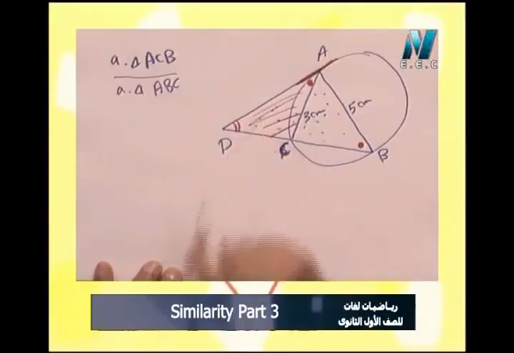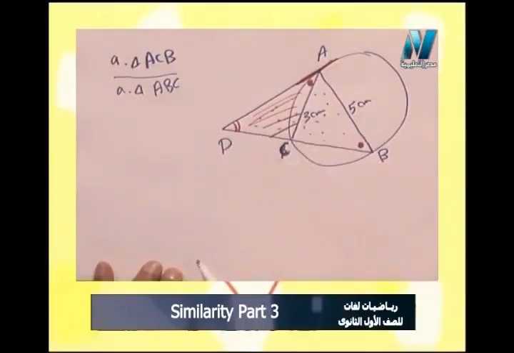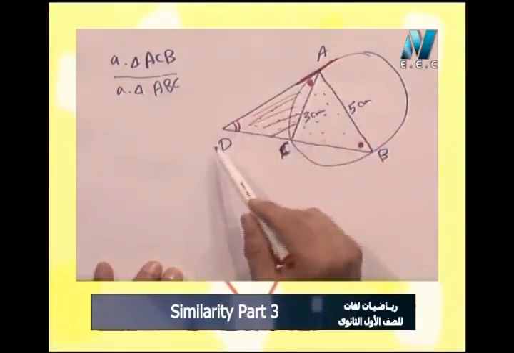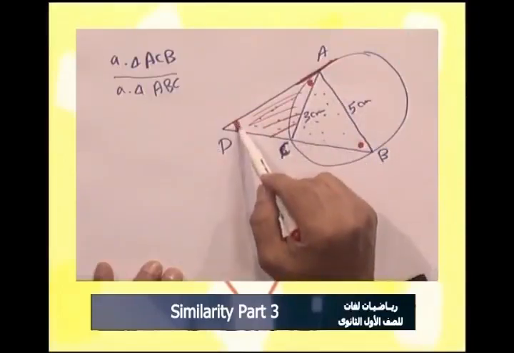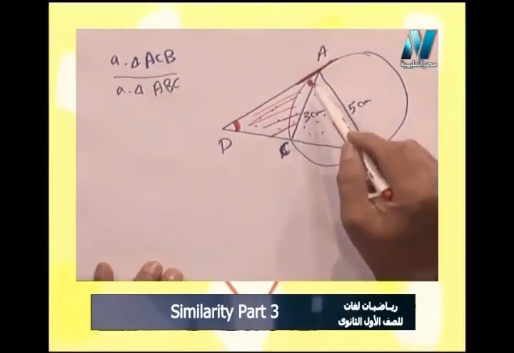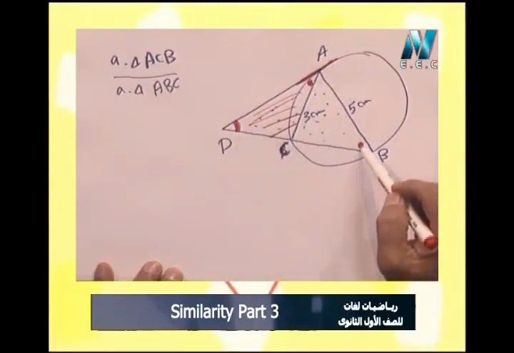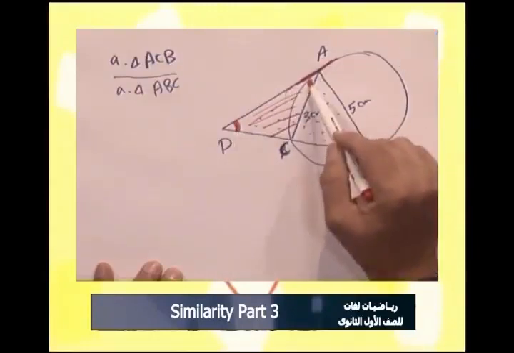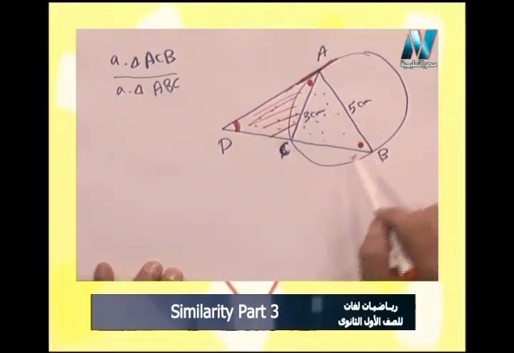D is a common angle between triangle ADC and triangle ADB. So it's a common angle, equal in each of the two triangles. And we have another angle, DAC, equal in measure to angle B, because this is a tangent and this is the angle of tangency, and this one is an inscribed angle in the opposite side.